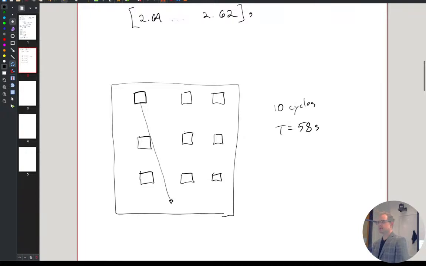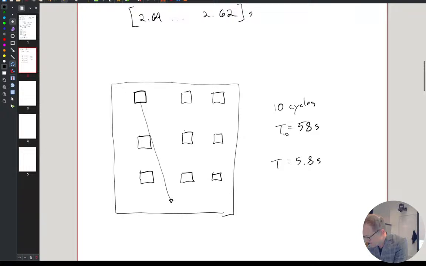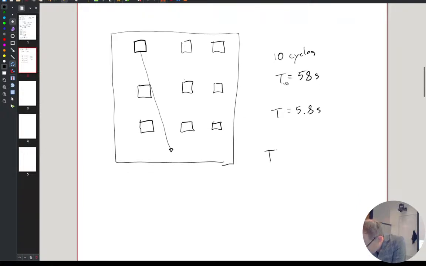People agree with that? So the time period was 5.8 seconds. Does that sound right? 5.8. Okay. T is 2 pi times the square root of L over G.